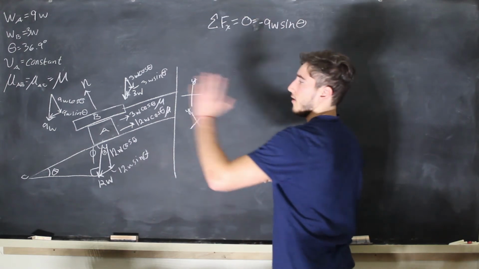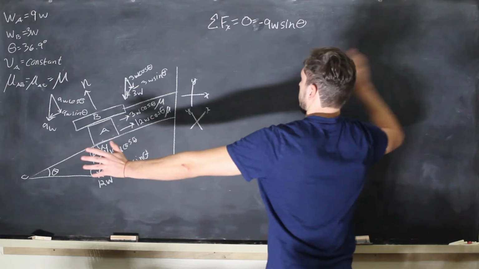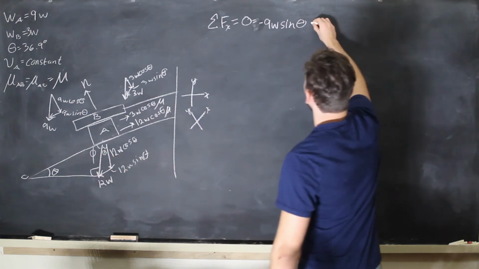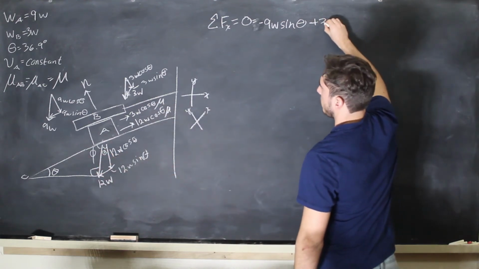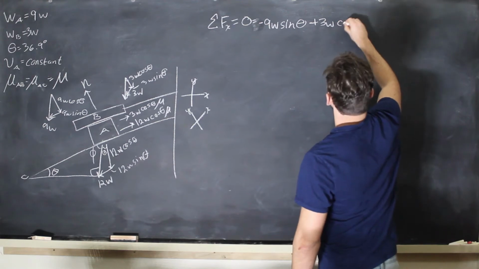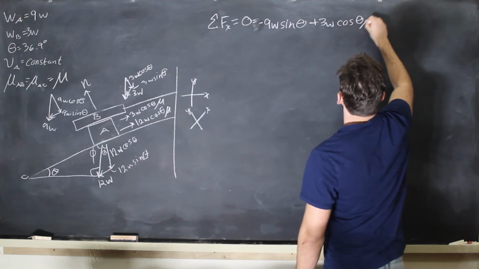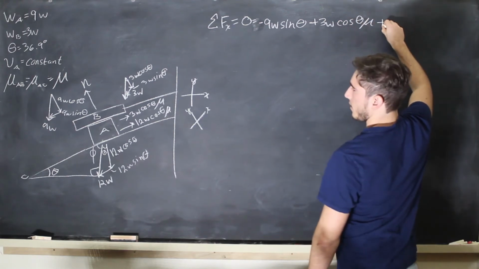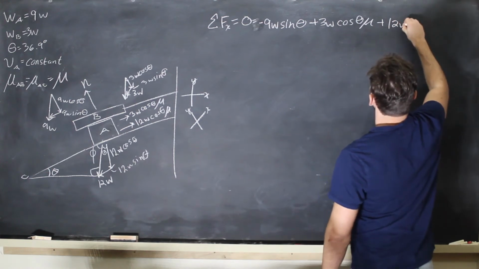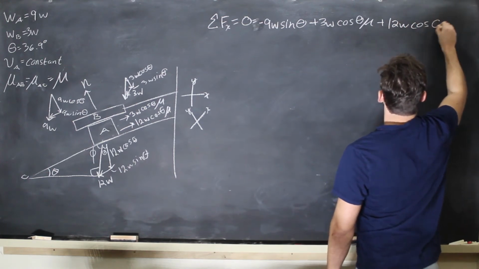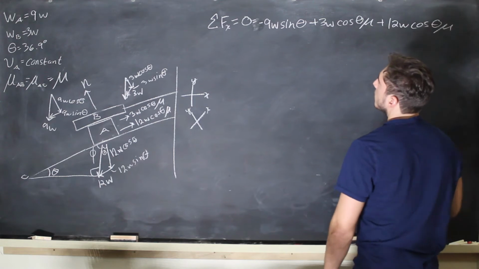I'm going to say the left is negative and the right is positive, plus 3W cosine theta mu plus 12W cosine theta mu.